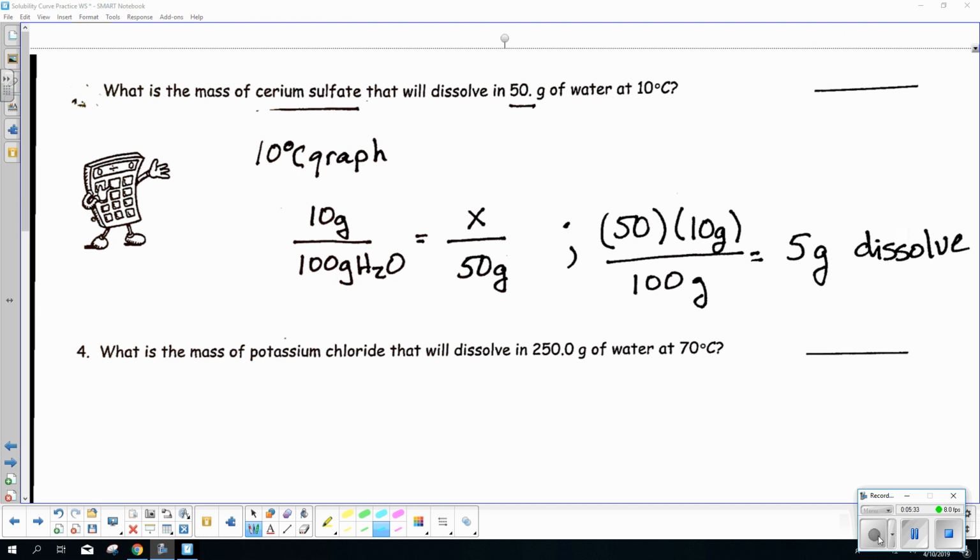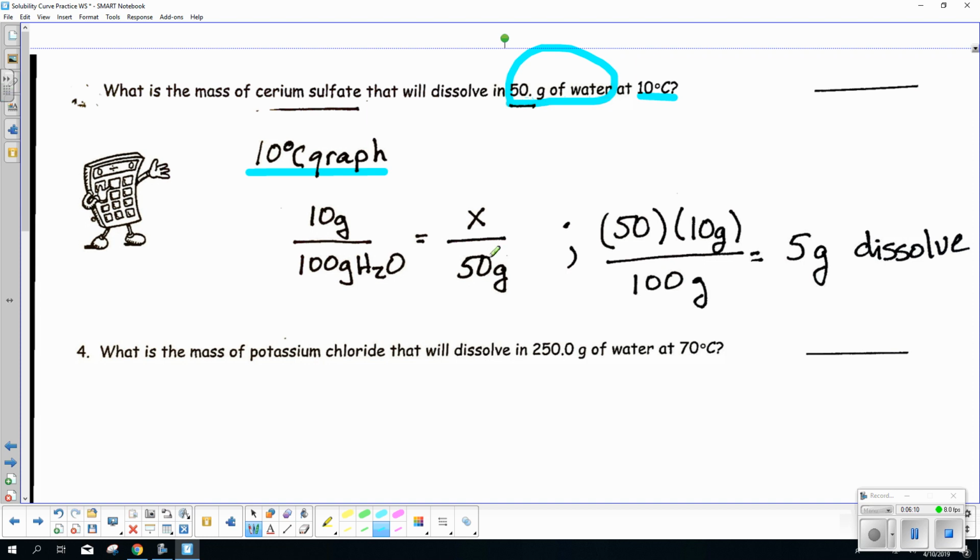On the back page, we have a couple of calculations to do. Number 3 asks, what is the mass of cerium sulfate that will dissolve in 50 grams of water at 10 degrees Celsius? First, you go back to your graph, locate 10 degrees Celsius, and estimate that it's going to be about 10 grams per every 100 grams of water. But in the problem, you are not given 100 grams of water, you're only given 50 grams. So you simply set up a proportion.